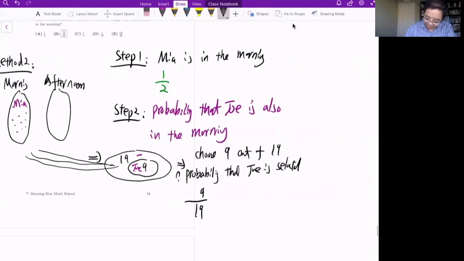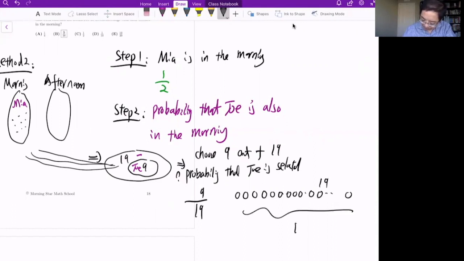One way you can see this is, let's say we have just 19 positions. We can fix 9 of them. In total 19 positions, the first 9 positions are fixed: 1, 2, 3, 4, 5, 6, 7, 8, 9.